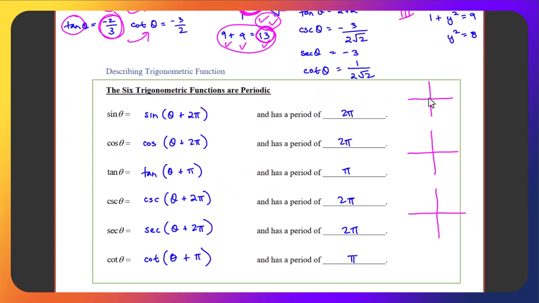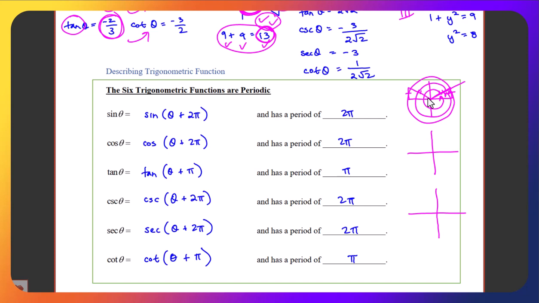Now, we saw earlier that, for example, if I take this angle, sine is opposite over hypotenuse, and if I take this angle, sine is the same opposite over the same hypotenuse. And if I take this angle, or this angle, or this angle, they're coterminal, and so the opposite, or the y, and the r don't change.